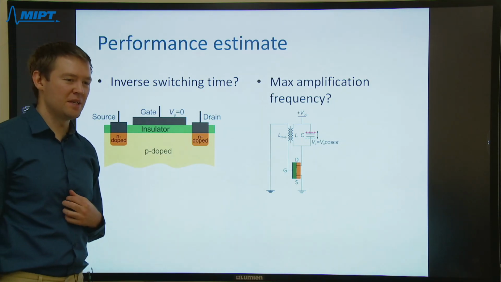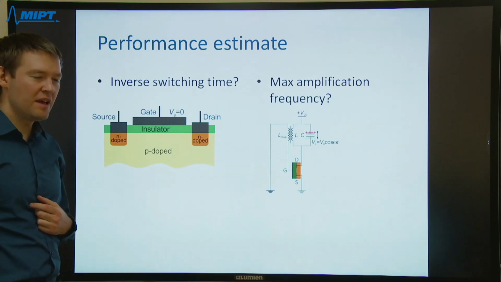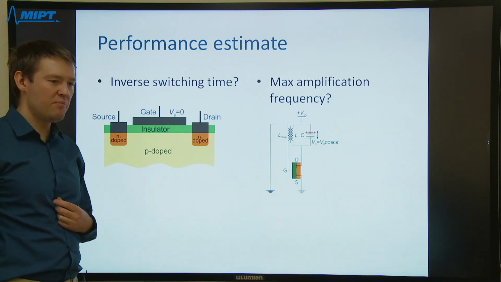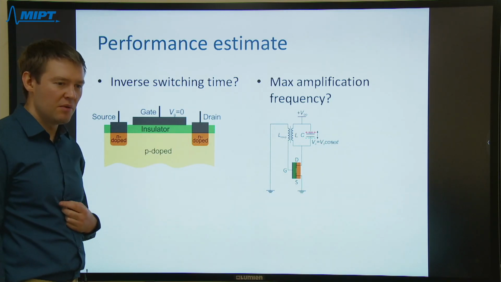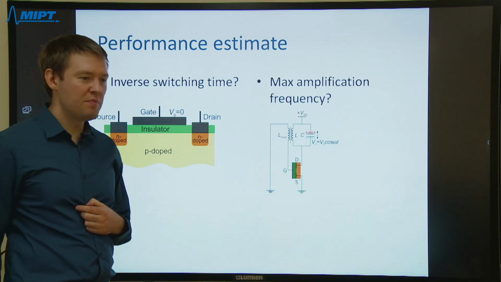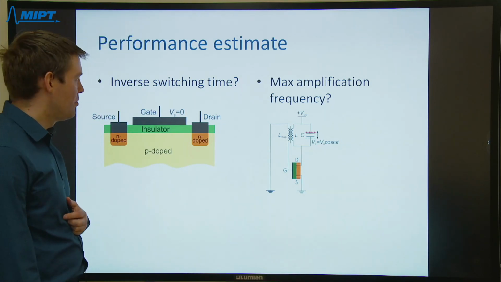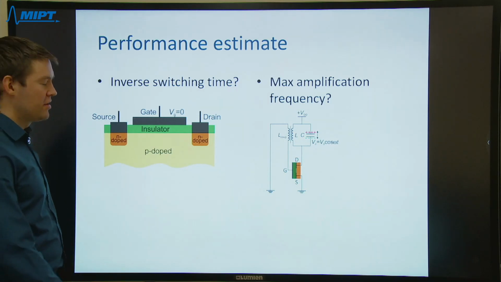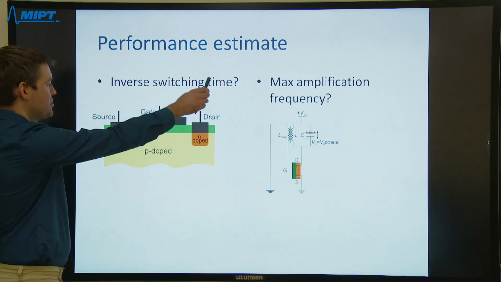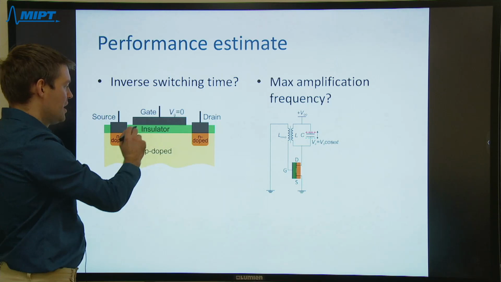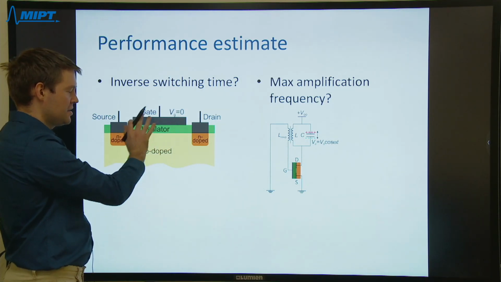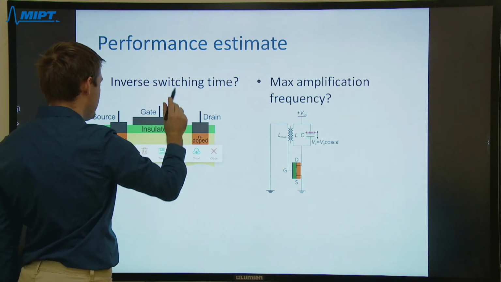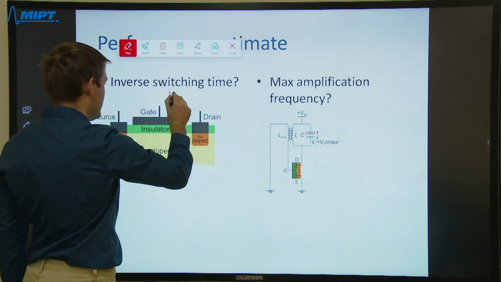Okay, I think there is little time for us to get to what I promised initially. We want to estimate the performance of the transistor, which means at which maximum frequency it can operate. There are two types of such estimate. First of all, we would like to know the switching time of the transistor. Initially it was at 0 gate voltage. Now let us abruptly apply positive gate voltage.